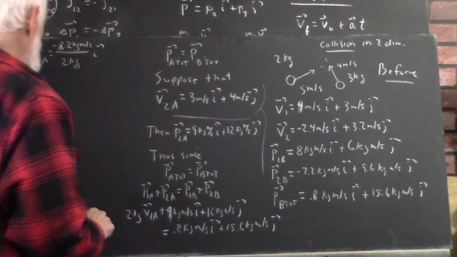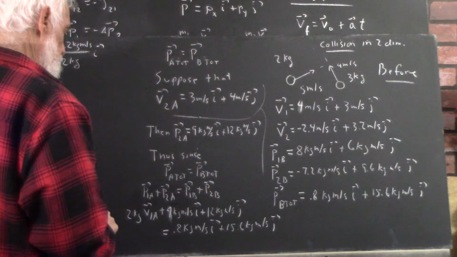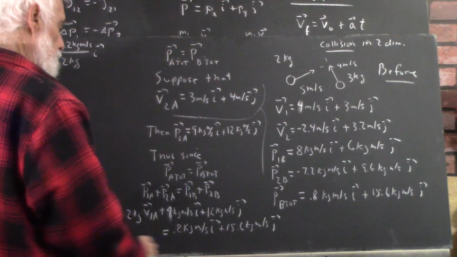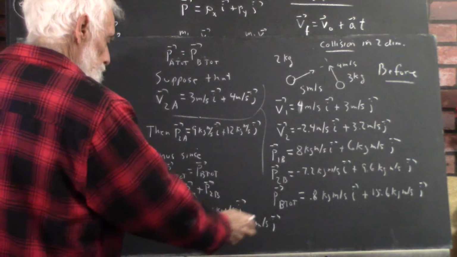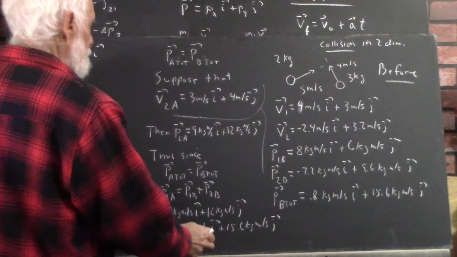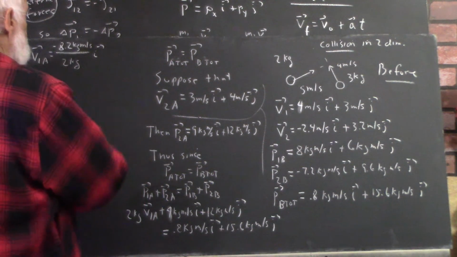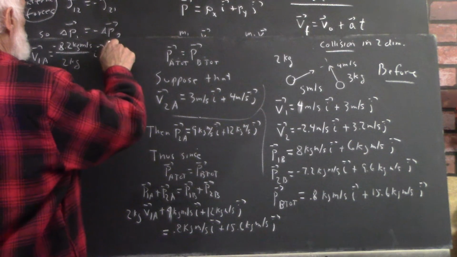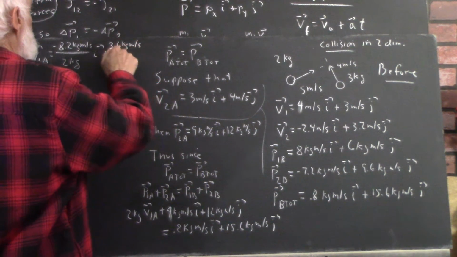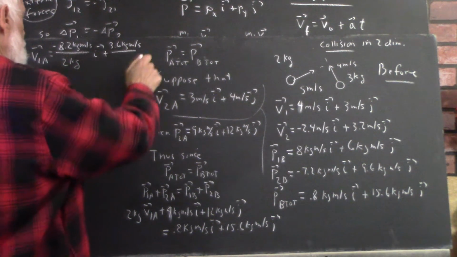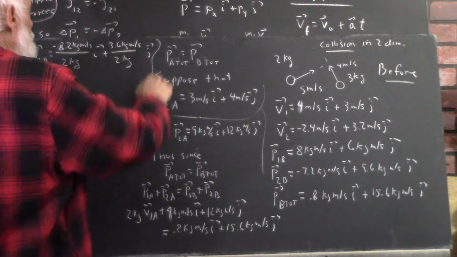And that's times I. And then we're going to subtract the 12 kilogram meters per second from the 15.6 kilogram meters per second, getting 3.6 kilogram meters per second times J, which we have to divide by the 2 kilograms.